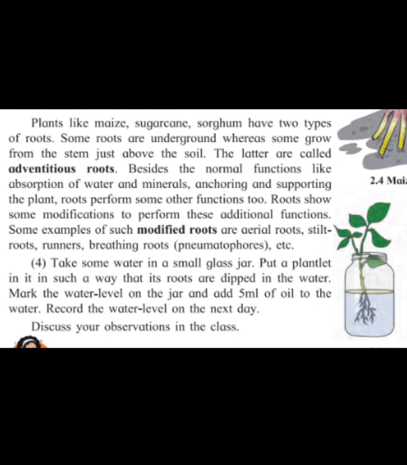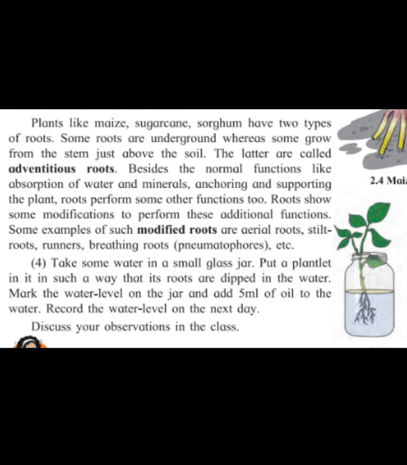Some roots are underground, whereas some grow from the stem just above the soil.